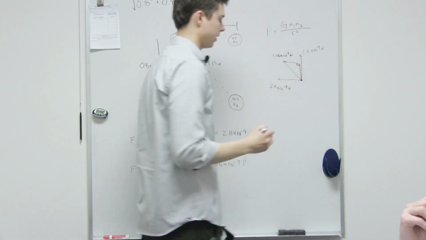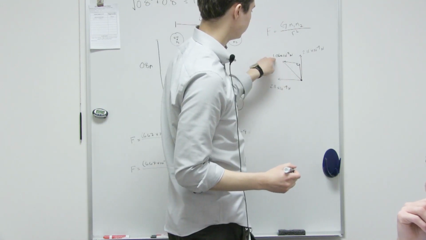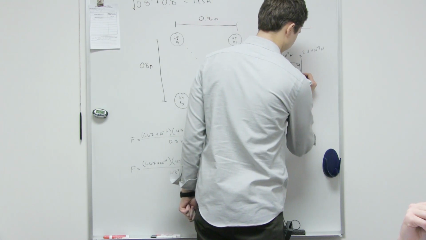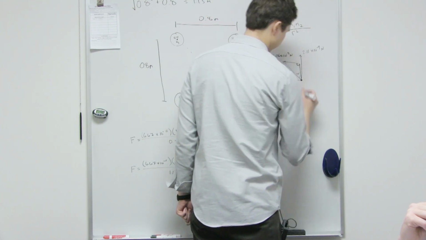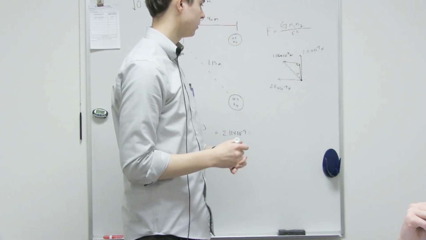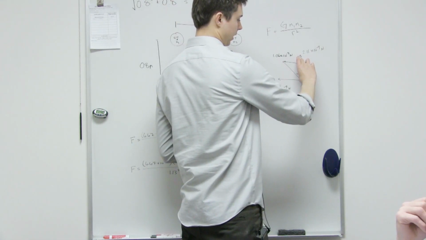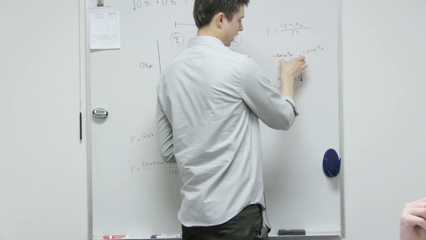And that makes a right triangle. So we know the hypotenuse has the magnitude of that, and we know this is a 45-degree angle right in there. Using sine and cosine, we can figure out the magnitude of the y component and the magnitude of the x component.